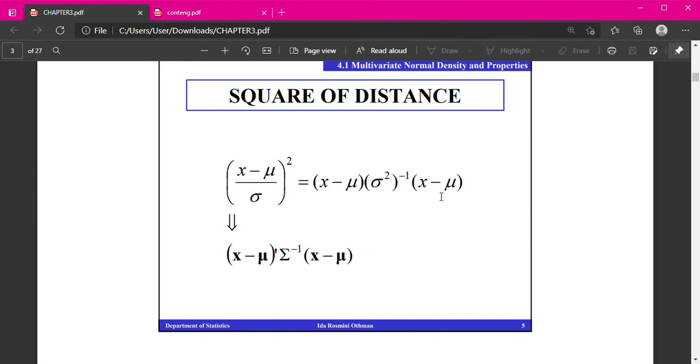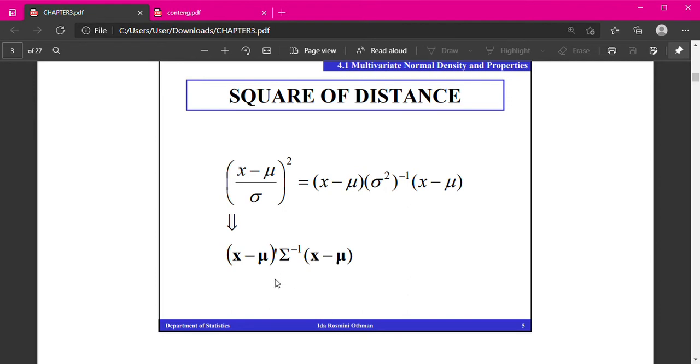Bila kita deal dengan multivariate, kita akan deal dengan matrices, alright? So dalam bentuk matrix disebabkan kita akan ada more than 2 of the p ataupun number of variables, so kita akan gunakan matrices, betul tak?